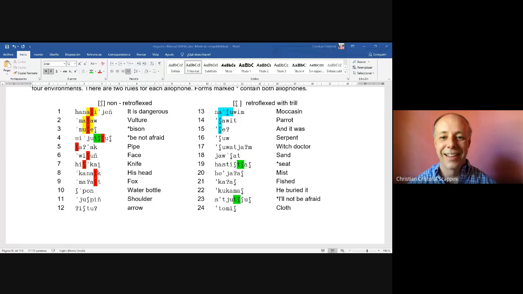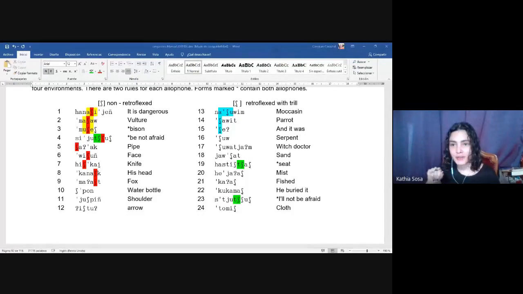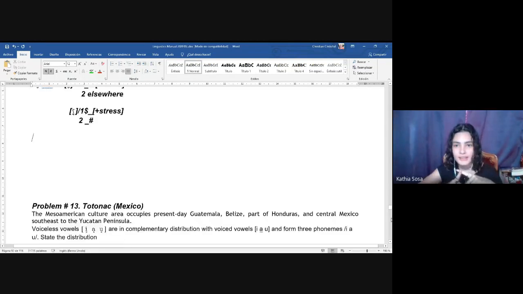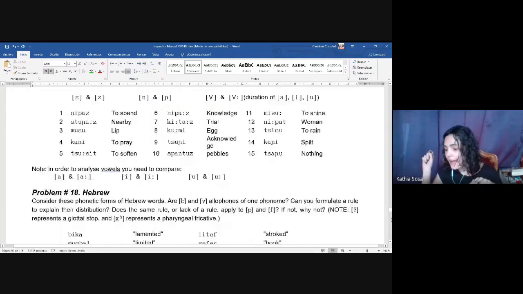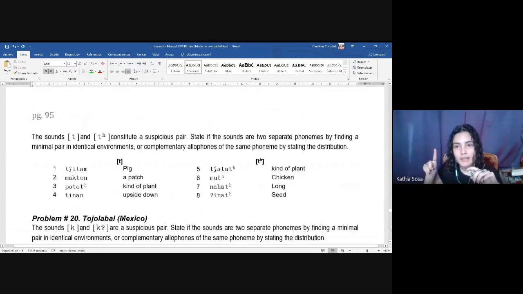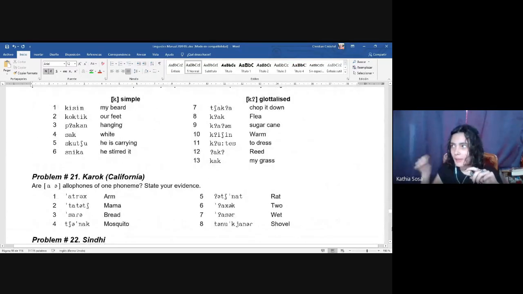Katia again? I just have a general question because in problem number 21, Karuk from California, I did the diagram, and there is only one exception.